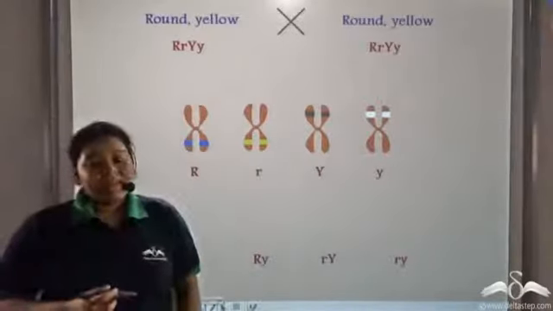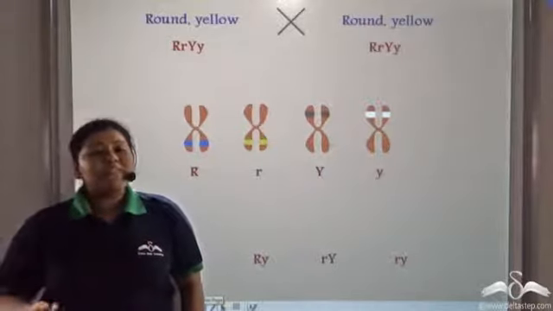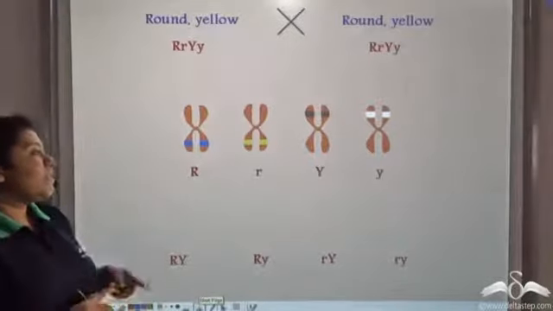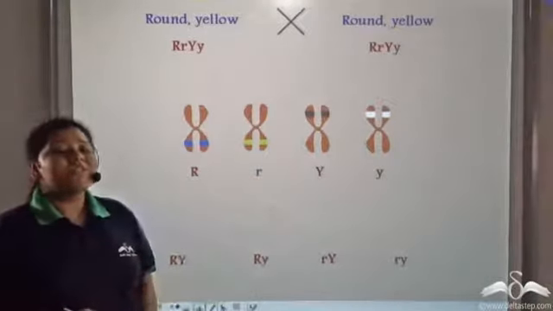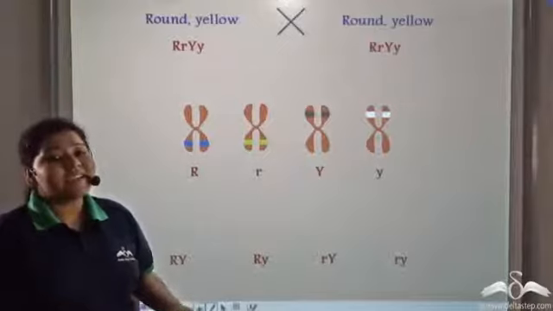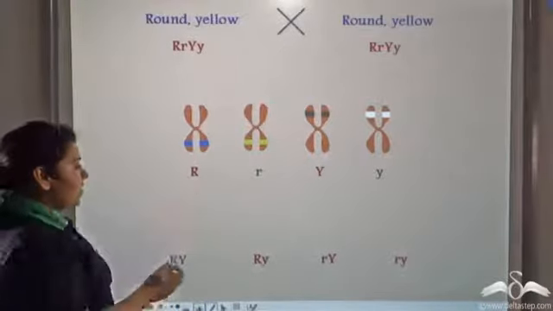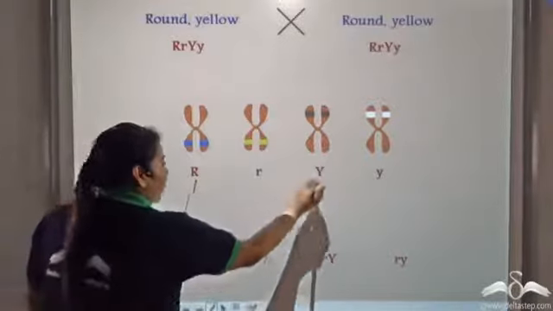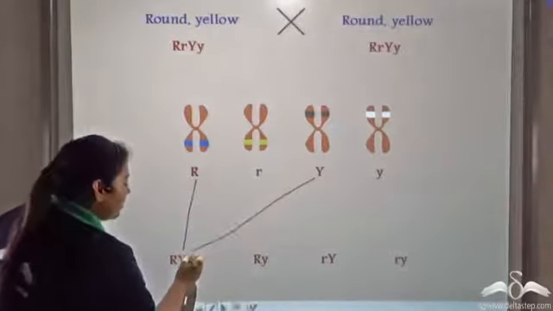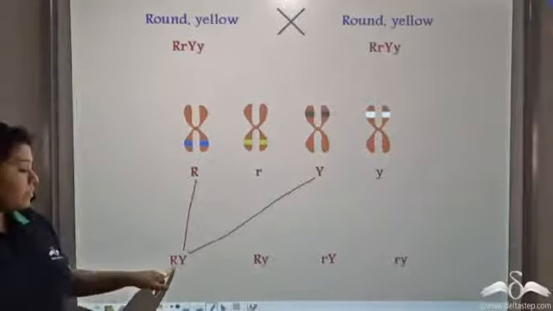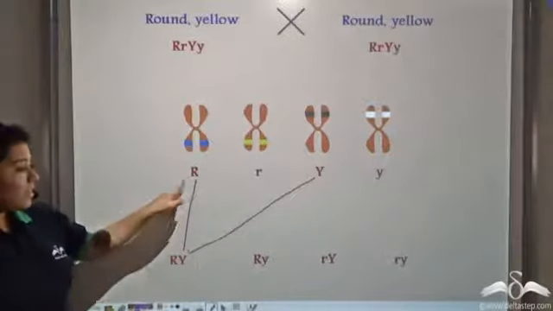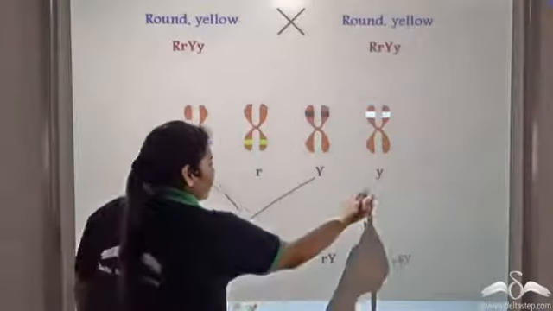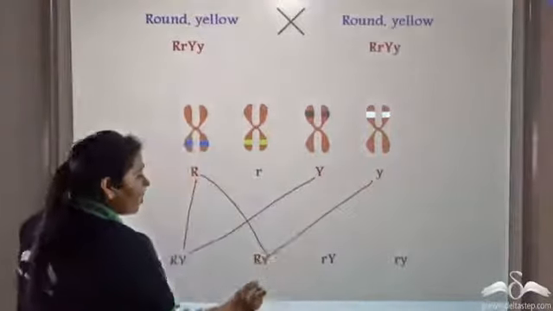Now, two plants from the first generation were crossed together. Now let us find the various combinations that are possible in each parent. Capital R can combine with capital Y to form capital R, capital Y. Capital R can combine with small y to form capital R, small y.